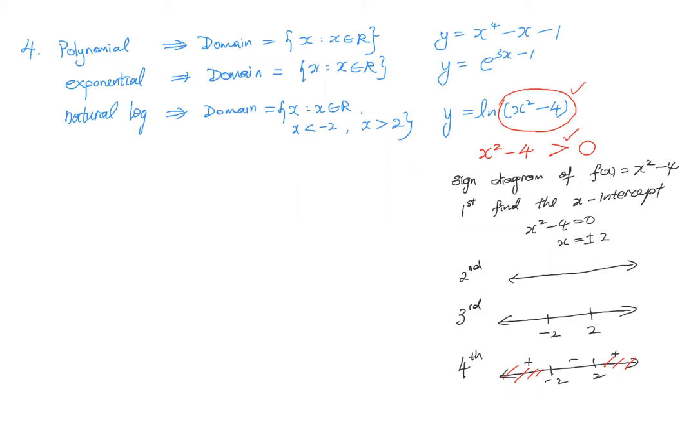When you talk about natural log, other than the domain, we have something called the vertical asymptote. You better bring back all these vertical asymptotes. So we have 2 vertical asymptotes, x equals -2 and x equals 2.